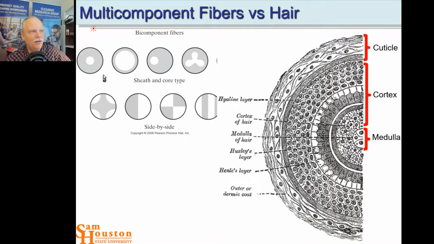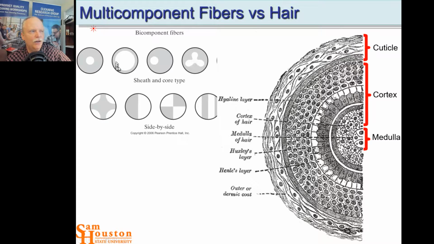Sometimes they have multi-component fibers where they'll have maybe a cheap polymer in the middle surrounded by a more expensive polymer to give it the feel properties or the color properties that they want. And so this would be a dual extrusion fiber.